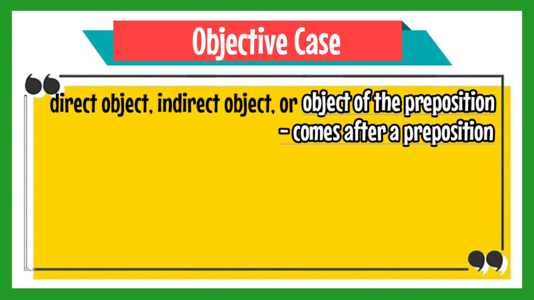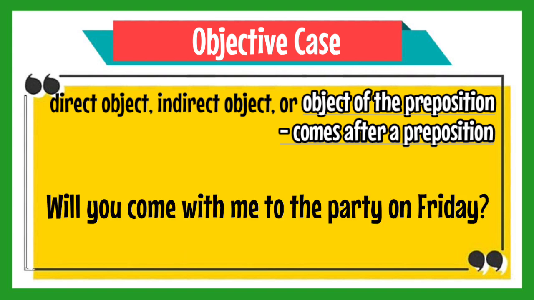Let us have an example. Will you come with me to the party on Friday? The pronoun that functions as an object of the preposition in the sentence is me. And as you can see, it comes after the preposition with.